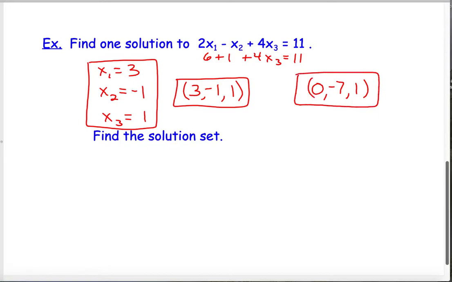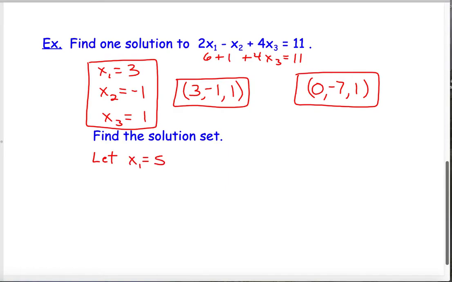Okay? But now, the next part of this is the interesting part. What if I ask you to find the solution set? So I want you to find all the solutions. Well, obviously you can't just list all the ordered triples, because that goes on forever. So we need to generalize. And so what we do in this situation is we'll say let, and pick one of the variables. I'll pick x sub 1.